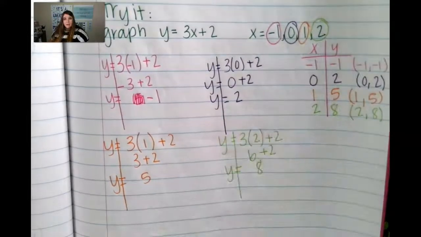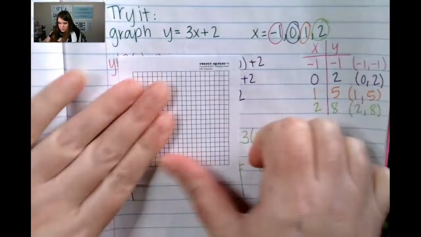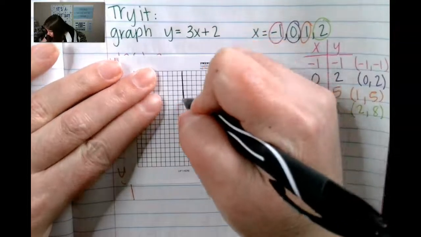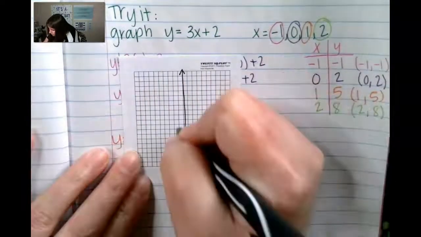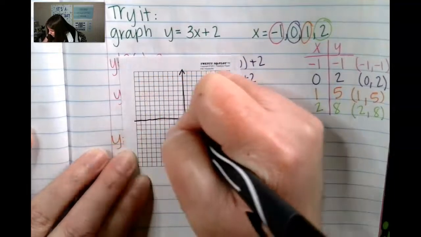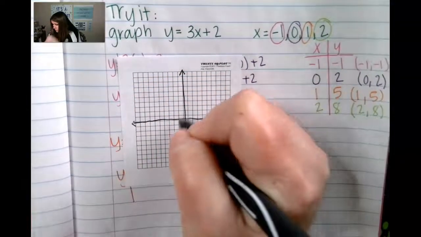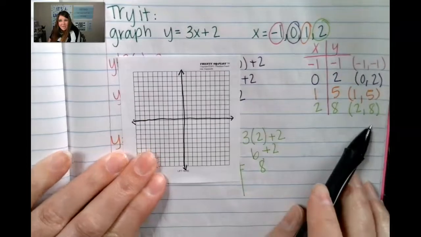Okay, we're going to go ahead now and take this one step further, and we are going to use our graphing sticky notes so that we can graph this problem. You might not have enough grids to graph 2, 8, and that's okay.